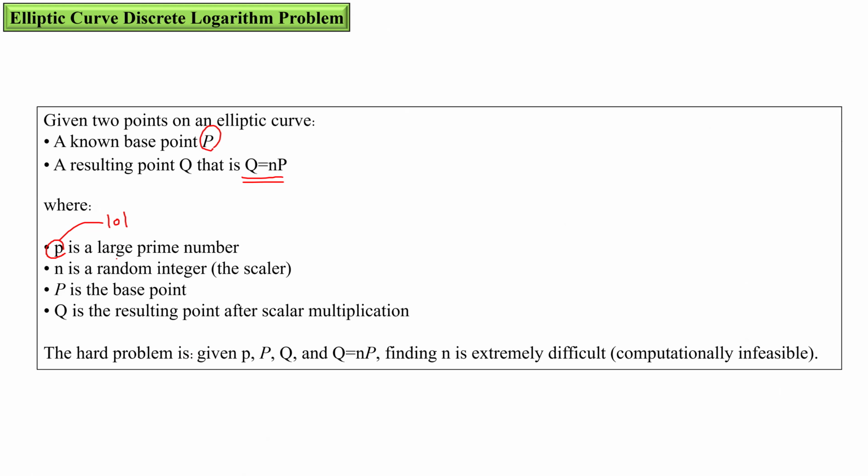So for a big value of prime, and n is a random integer, if the values of P and Q are known and public, so given P and Q, if somebody knows Q and P, it's not easy to compute or guess the value of n.